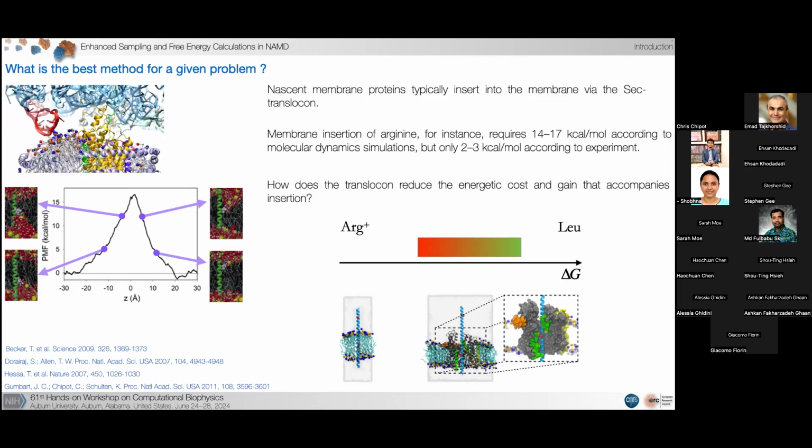One interesting question is, experiment tells us that it's not that expensive to translocate charged amino acids like arginine, and people doing simulations were interested in this puzzling question: why is it so cheap to translocate an arginine?